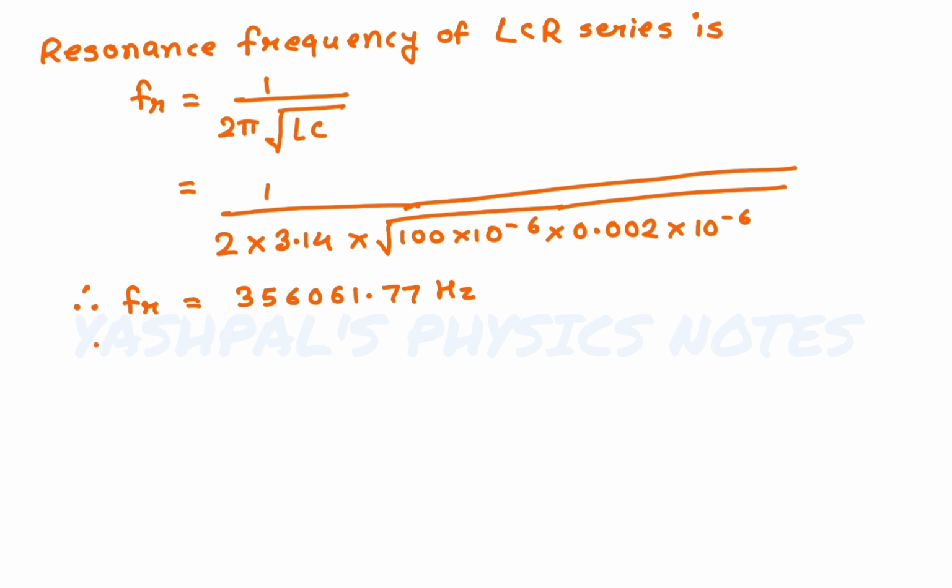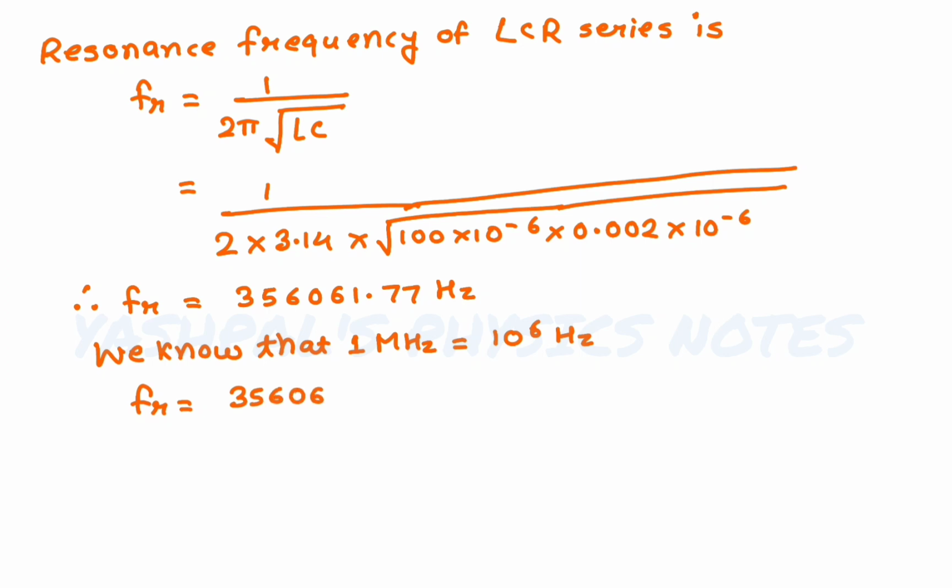Now we know that 1 megahertz is equal to 10 to the power 6 hertz. So this frequency in terms of megahertz we can write as 35606177.77 upon 1 2 3 4 5 6, that is 6 zeros I have written because 1 megahertz is equal to 10 to the power 6 hertz, which is equal to 0.356 megahertz.